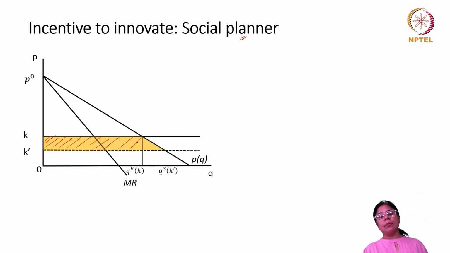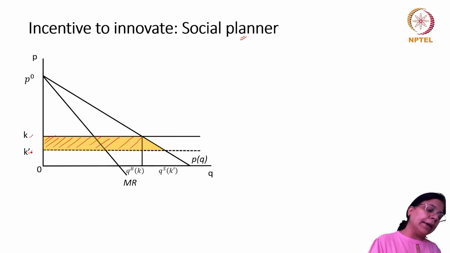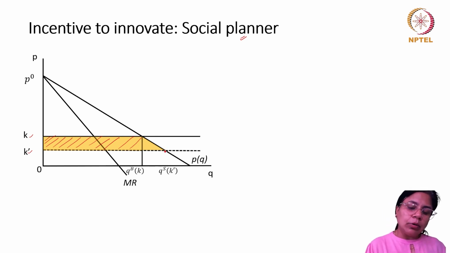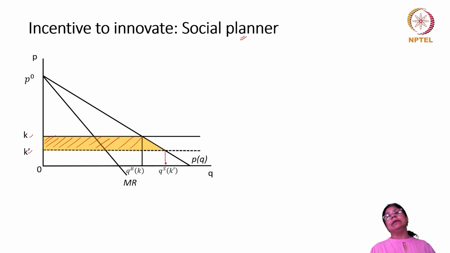But what will happen from a social planner's point of view? If the price has fallen from K to K prime, ideally the price should also go down and additional quantities should now be supplied in the market. That would be the outcome of perfect competition, where the price charged will be equal to the marginal cost, and this marginal cost is now a new cost equal to K prime.